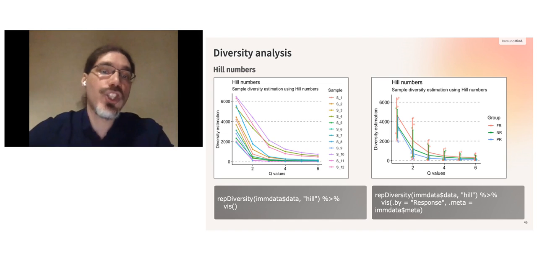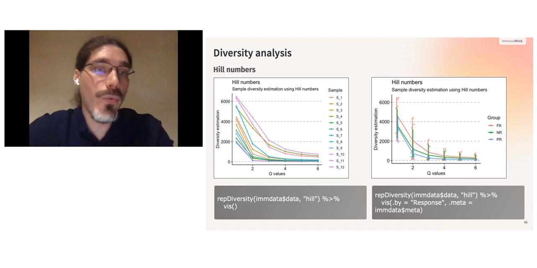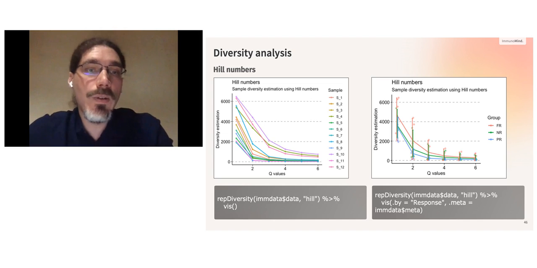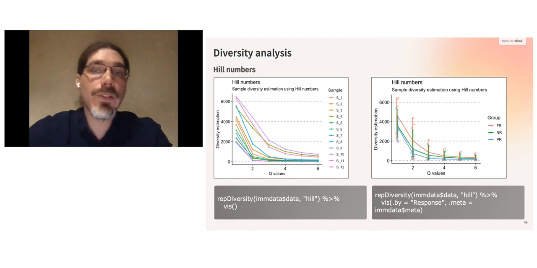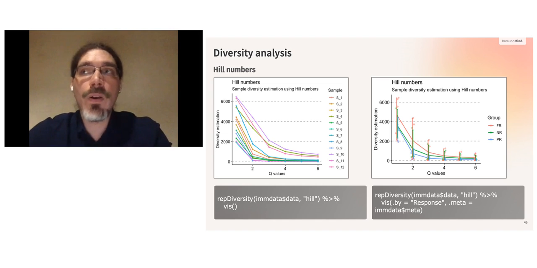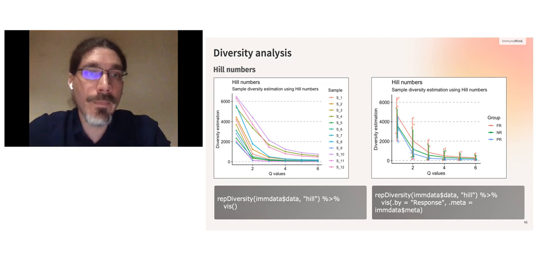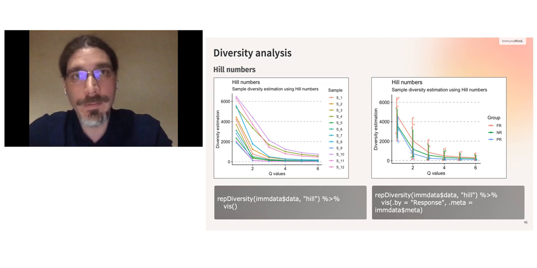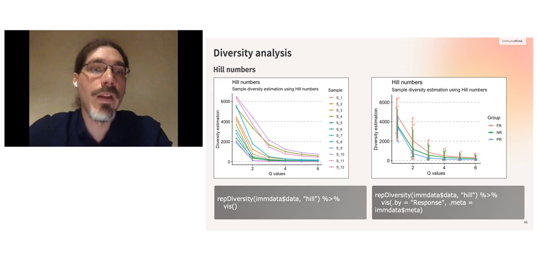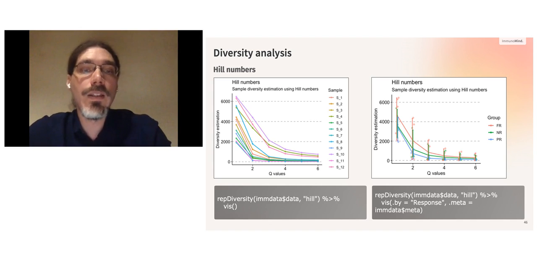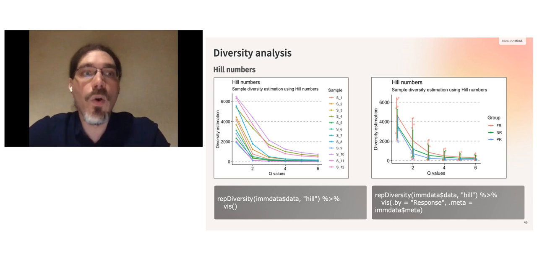So by trying different q-values, you can have an overview of the overall structure of the repertoire. It's a little bit similar to the relative abundance we discussed in the clonality section, in terms of the idea that you can have an overview of the repertoire.